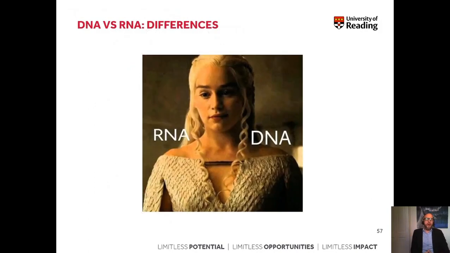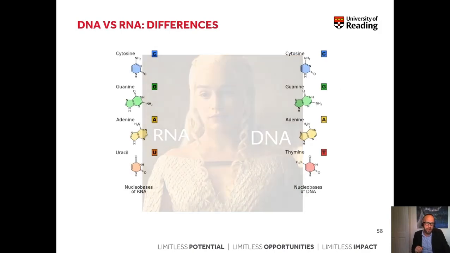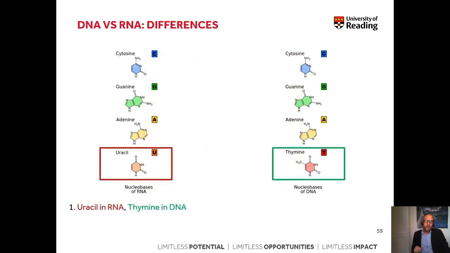So what are other differences between RNA and DNA? And this picture actually already indicates one of those differences you might already know. The first difference, and this is the most obvious one between DNA and RNA, is the presence of slightly different bases. While uracil can only be found in the RNA, the corresponding base in the DNA is thymine.